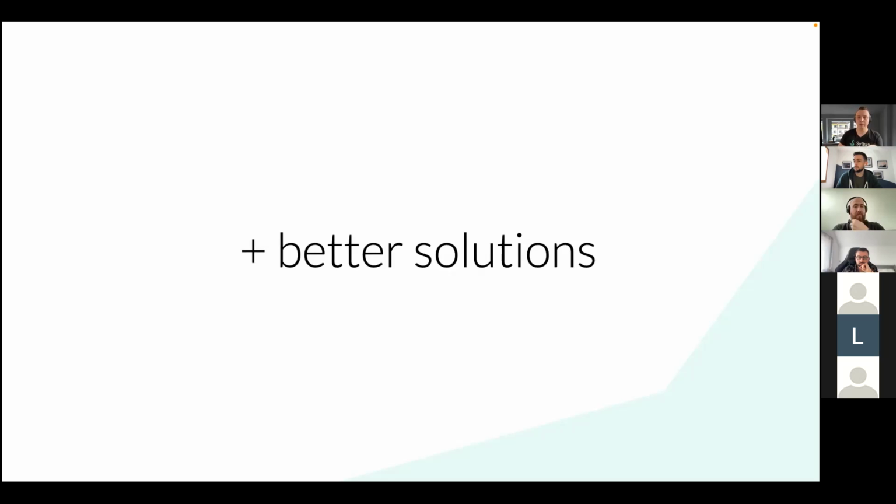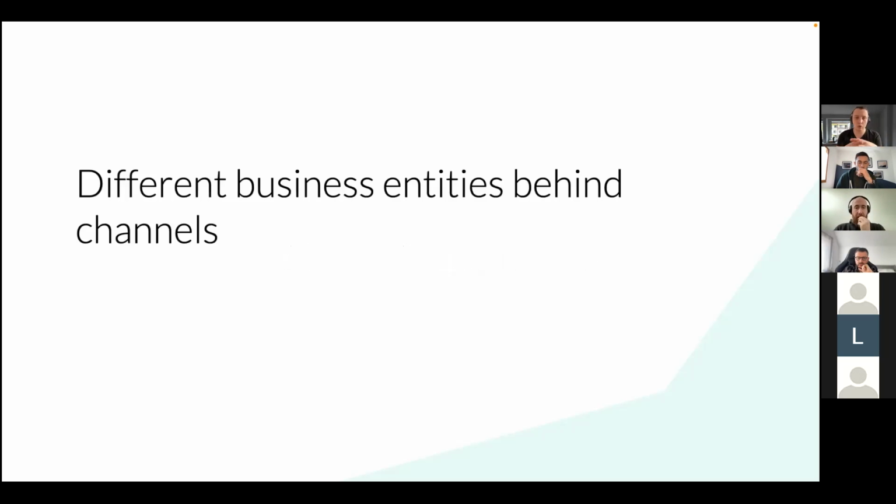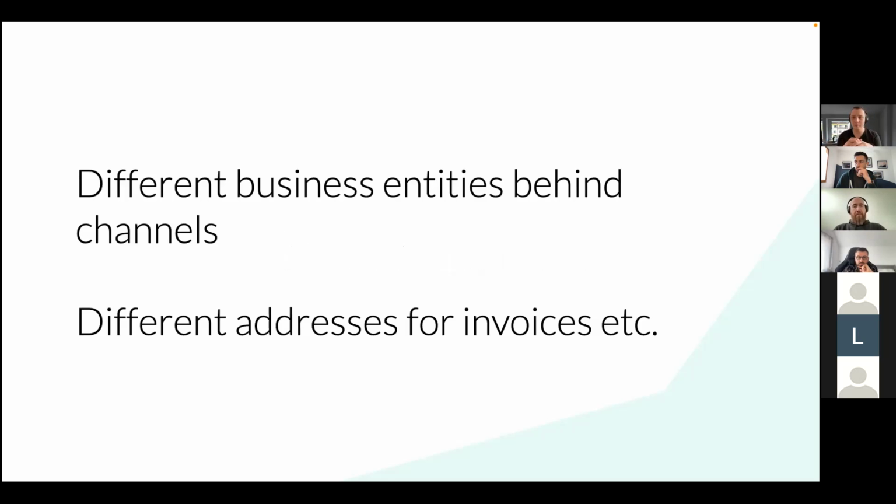So moving forward to more details of each feature, let's start out with business units. First of all, business units is a pretty small additional feature that allows you to define different business entities behind channels, and this allows you, as I told you, to define different addresses for invoices, order management, etc. There are some things like taxation numbers, so it could also be useful for some more B2B implementations.